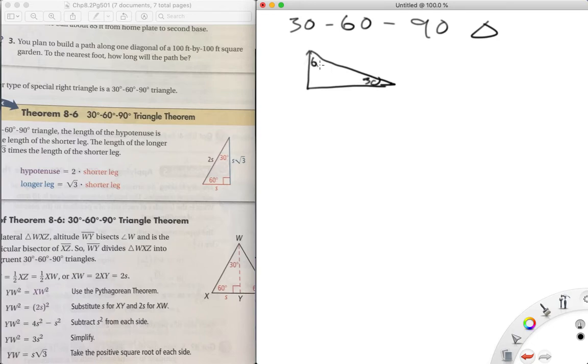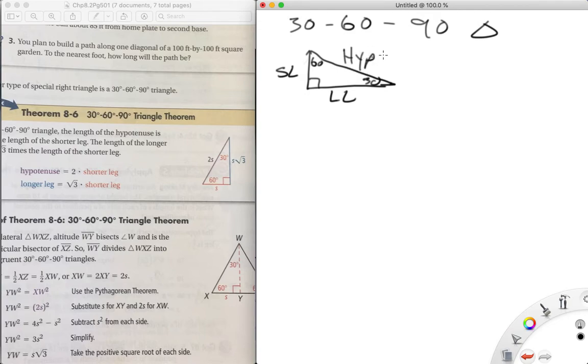This is 60. This is 90. Again, I'm not using x, but what I can do is I can say short leg, long leg. So this is 30 degrees. The side opposite of the 30 degrees is my short leg, so SL. This is 60 degrees, so the leg opposite of the 60 degrees is my long leg. And then here's my hypotenuse.